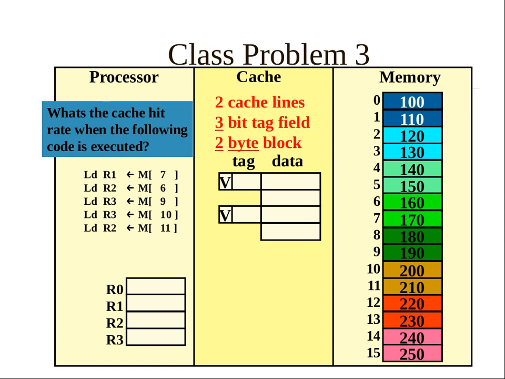Alright. And we got 200. 10. And write over register 3. 200. And I'll move to here. And it's 11, which we accessed here, so it's a hit. And it gets put in new register 2.